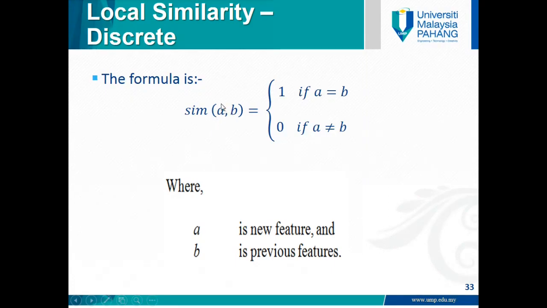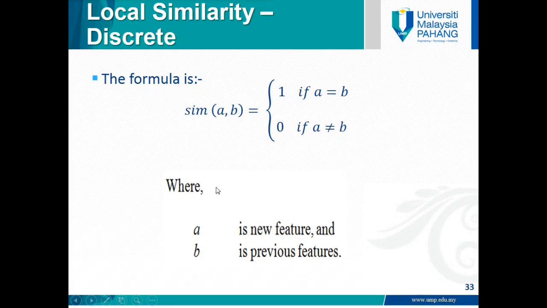And here is the local similarity for discrete values, which can be expressed as follows. The similarity of the attribute value of the new case A to B, which is the attribute value of the old case, is 1 if A is equal to B. If they are equal, the similarity degree will be 1, while if A is not equal to B, then the similarity degree will be 0.